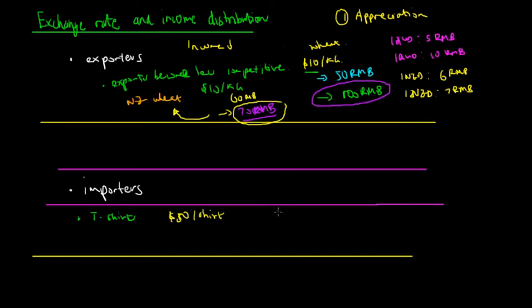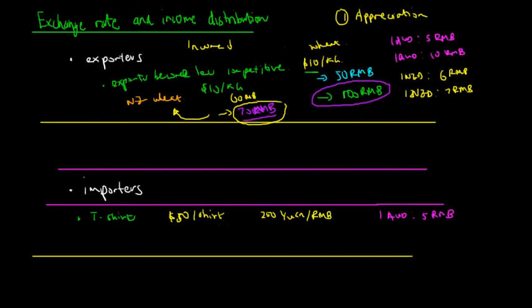So let's say in Chinese yuan, this shirt was 250 RMB, if the exchange rate is 1 AUD to 5 RMB. So we can see just 250 divided by 5, and we get $50 a shirt.